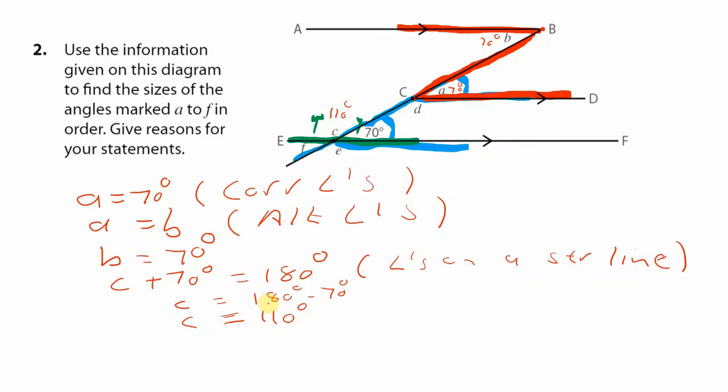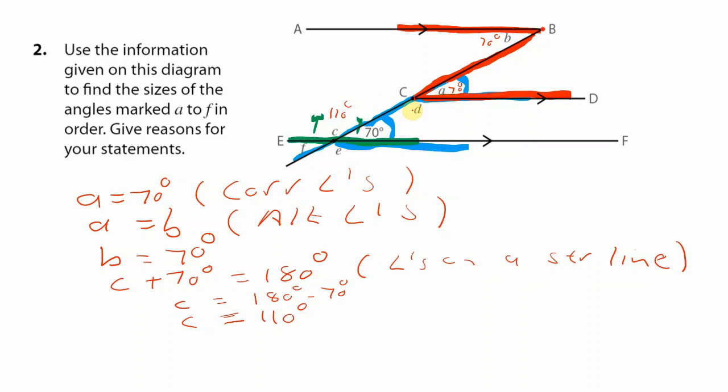Okay, but so we have C, let's find D. So here we find D. So let's see, what can we do with D? Well, I see again we have A and D next to each other on a straight line.